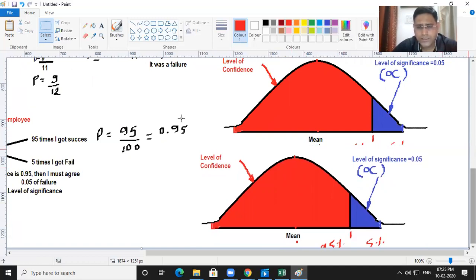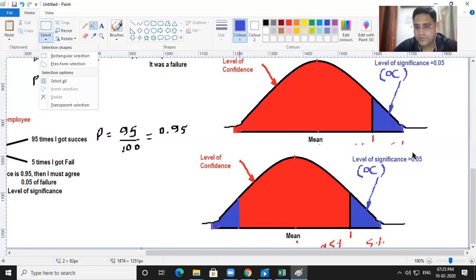So in a two tail test, what will happen? Now this thing will happen. This middle area will be my level of confidence, and level of significance is 5%.